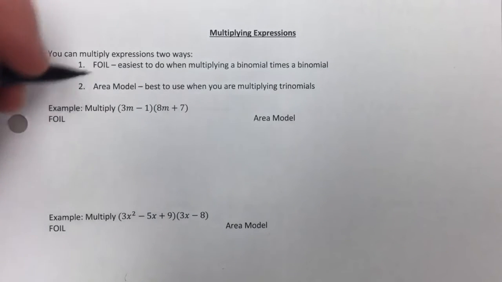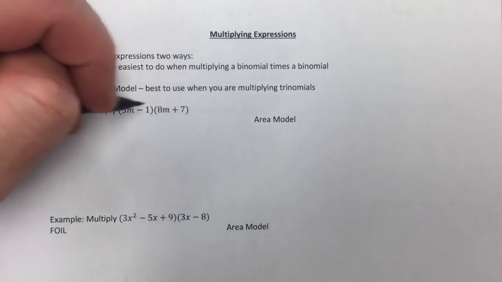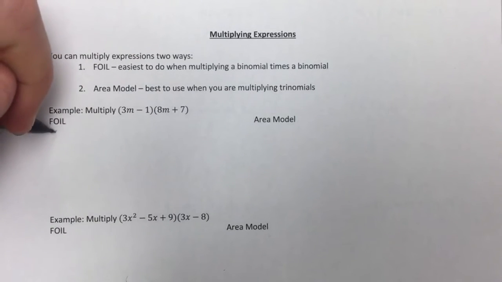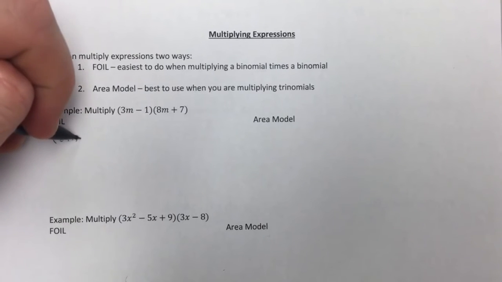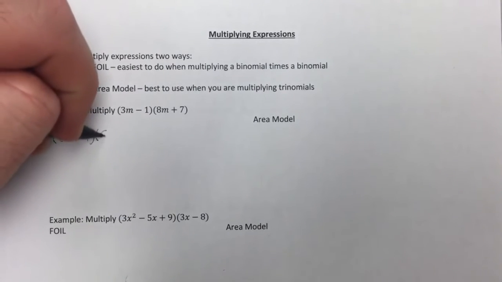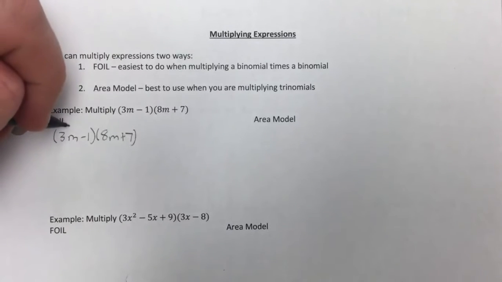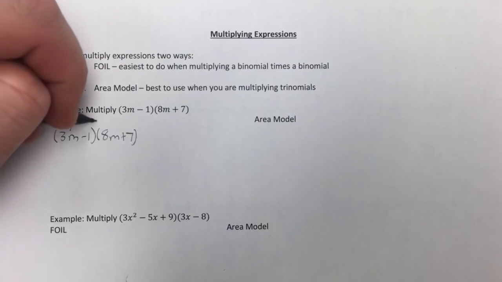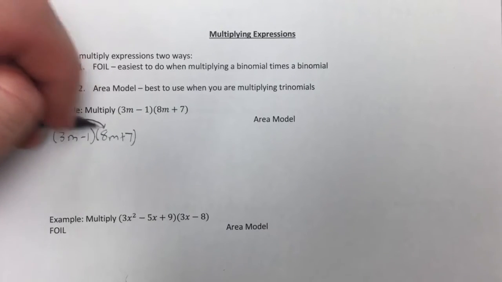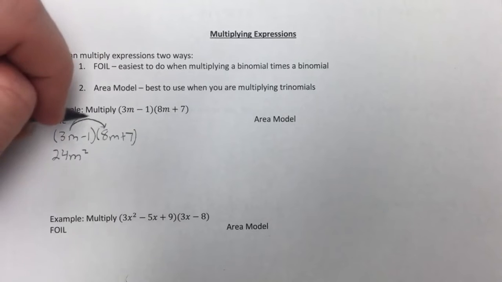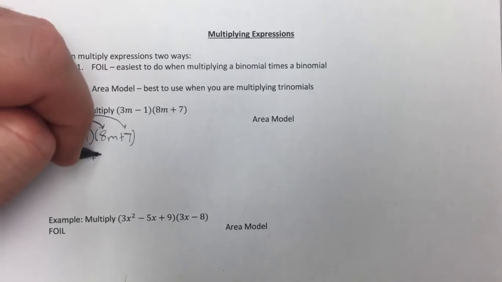So if we look at our example here, I have a binomial times a binomial. So as I FOIL, I have (3m - 1) times (8m + 7). And again, FOIL stands for first, outside, inside, last, or double distribute. So I take the first terms, 3m times 8m is 24m squared. 3m times 7 is plus 21m.